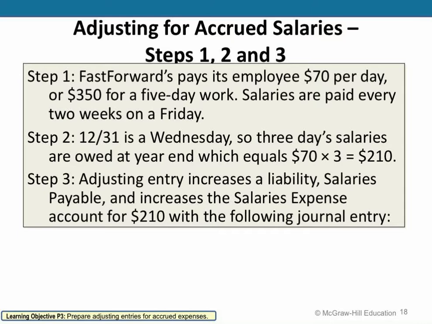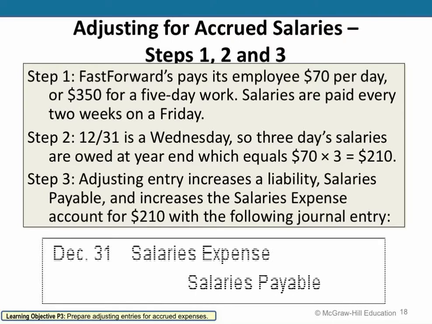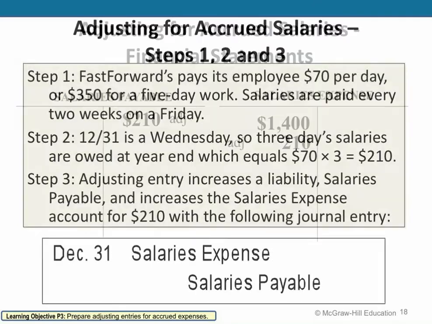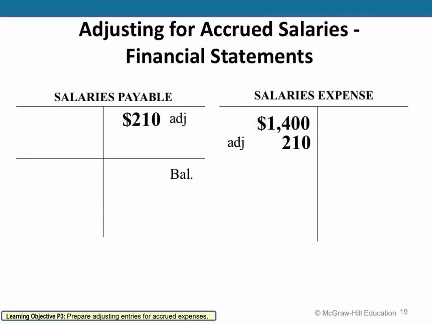We're going to need one of those adjusting entries. So we'll have salaries payable of $210 for the adjustment, and then we'll record salaries expense for the $210. So this is for the 3 days that were worked.